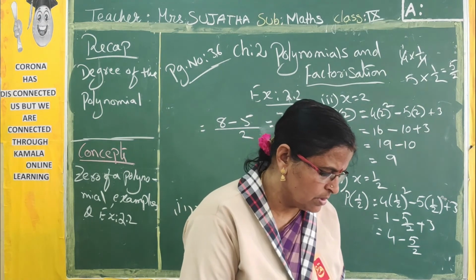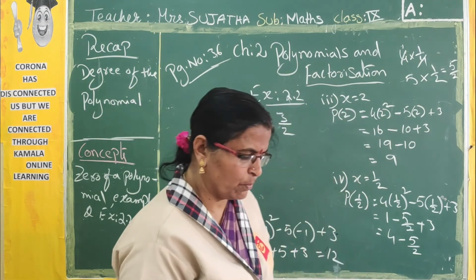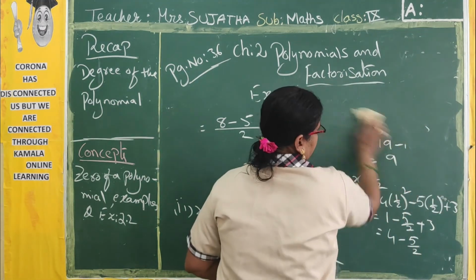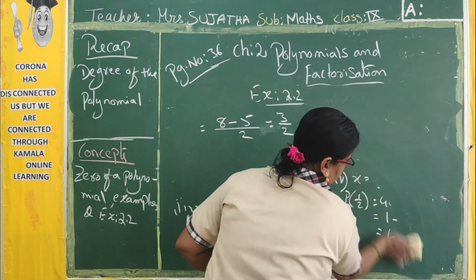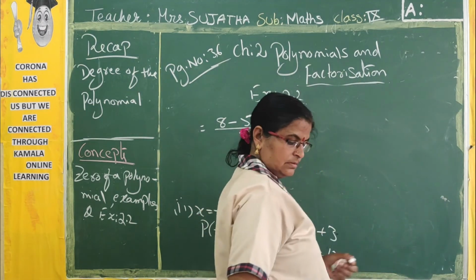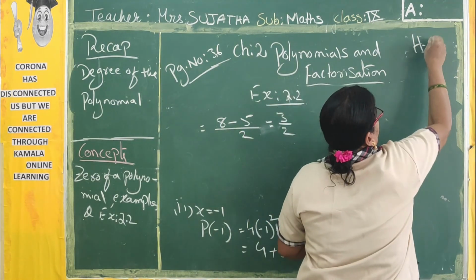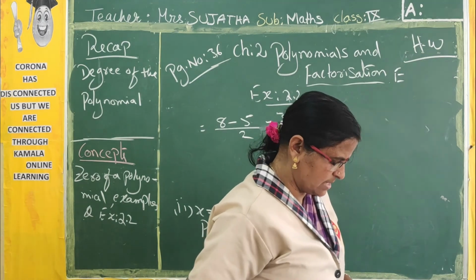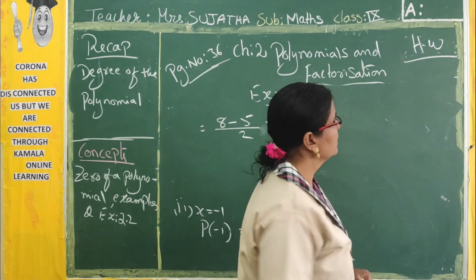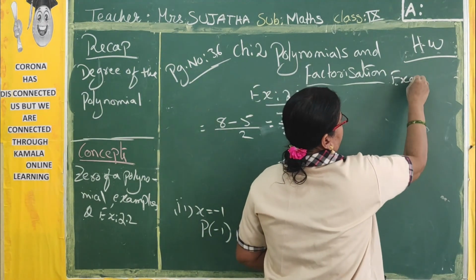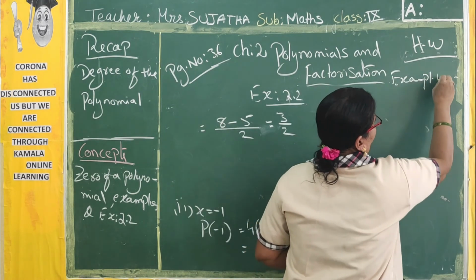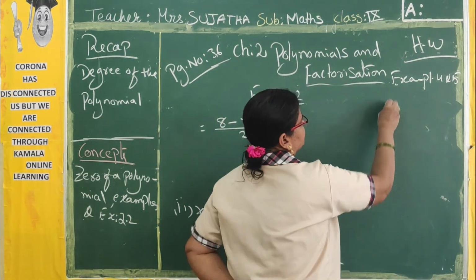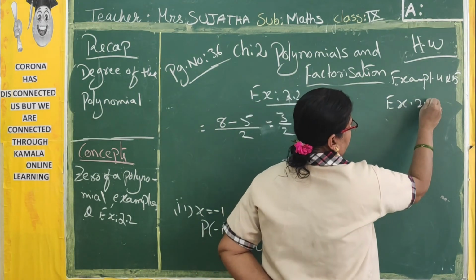Now, what you will do for exercise 2.2, page number 37. Your homework: I already gave two examples, examples 4 and 5. You have to copy examples 4 and 5 from the textbook, and exercise 2.2.